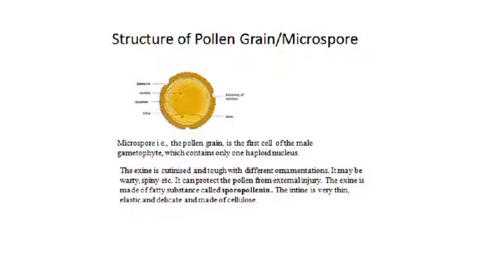It can protect the pollen from external injury. The exine is made up of a fatty substance called sporopollenin. The intine is very thin, elastic and delicate, and made up of cellulose. So this is the simple morphological character of the pollen grain.